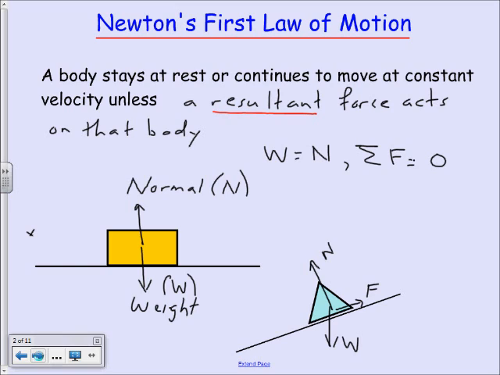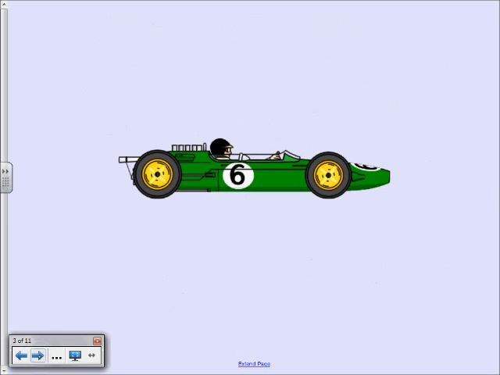If we were to add those three forces together as vectors, we would again find that the sum of the forces acting is 0. There is no resultant force, and therefore there is no motion. This is on the basis that this triangular block is sitting on the surface and is not sliding. If it was to start to slide, if we increase the angle of the slope, we'd get to a point where the component of the weight force overcomes any friction effect, and then there would be a resultant force acting.